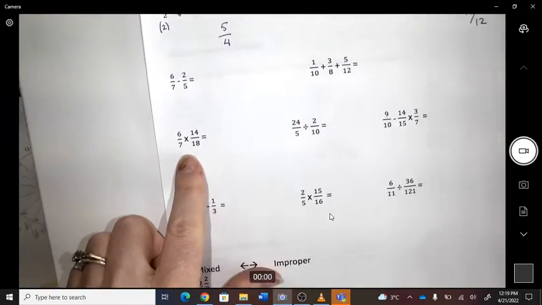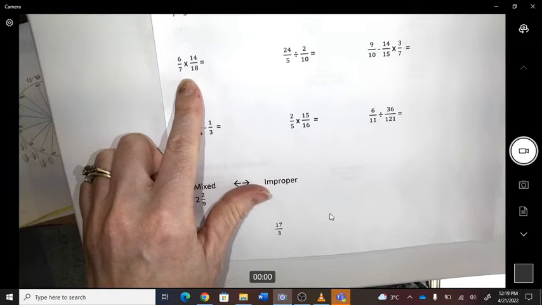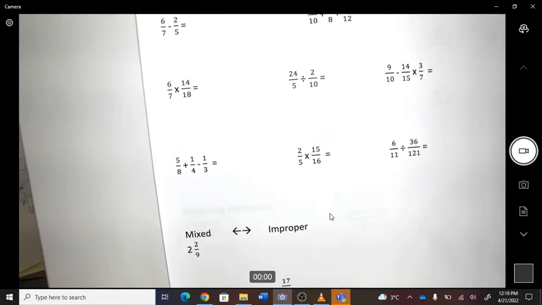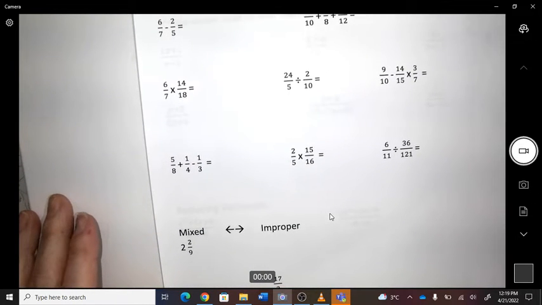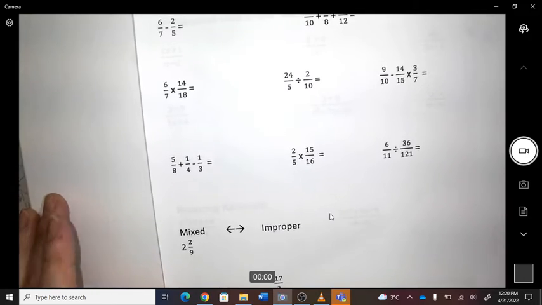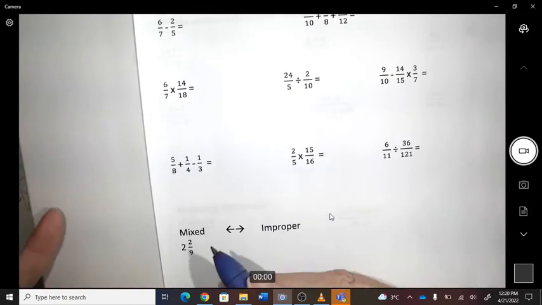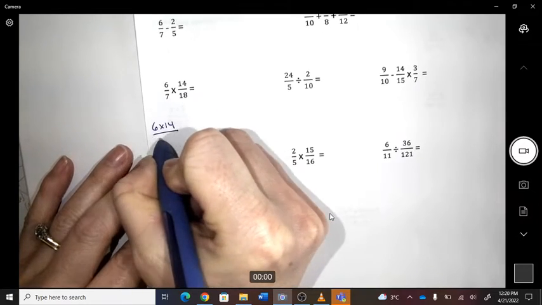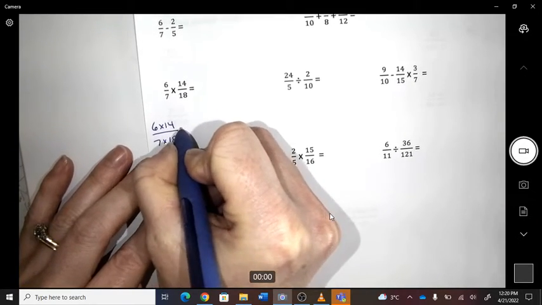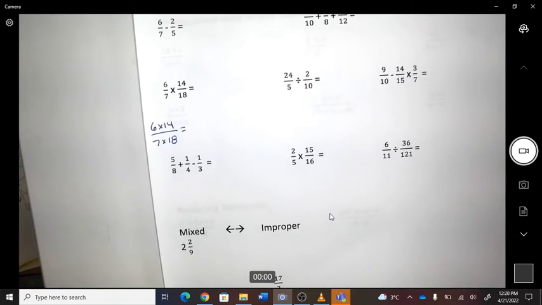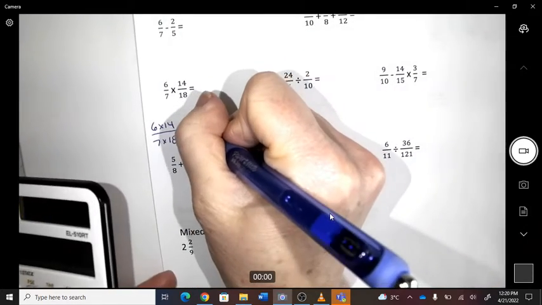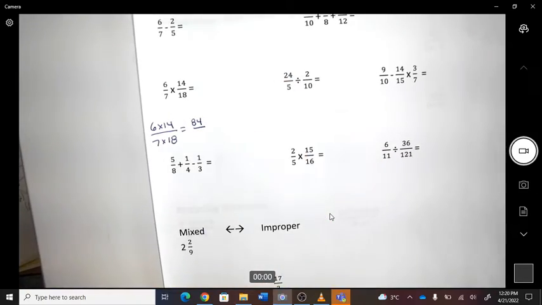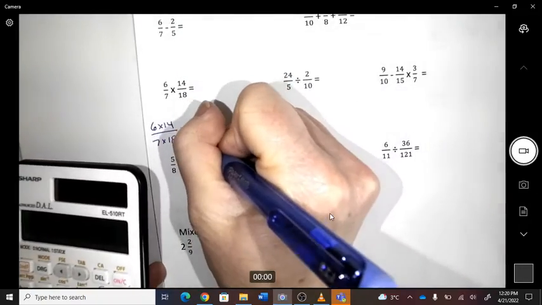Okay, next is timesing. So if I really wanted to understand timesing, I really could just do this. I'm not going to, but we'll write it down here. I really could just times the top and times the bottom.